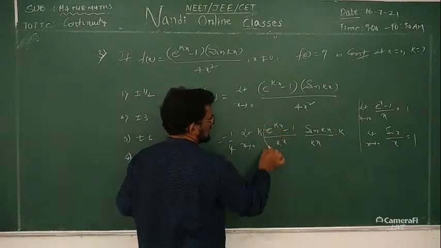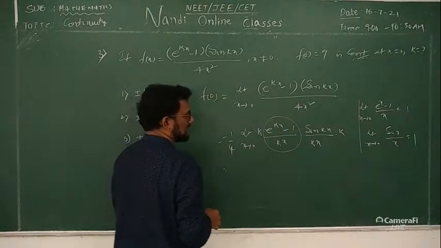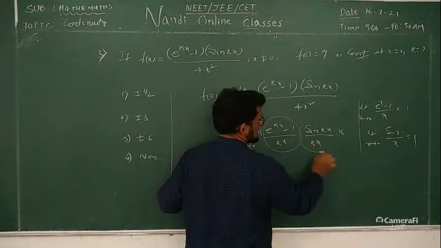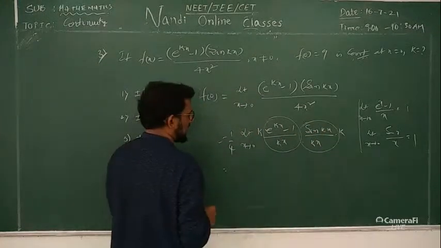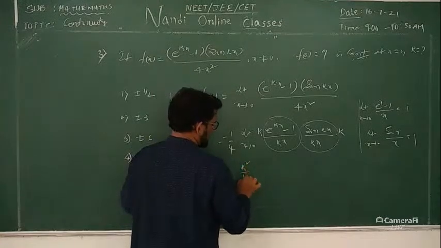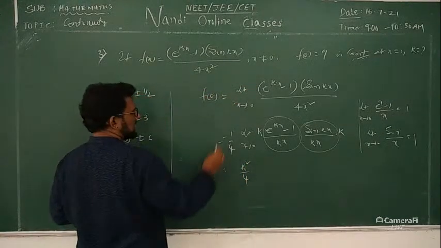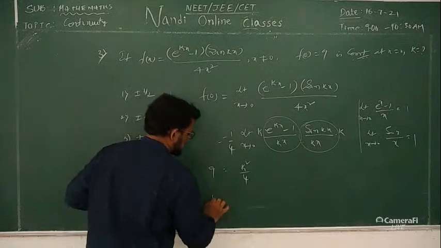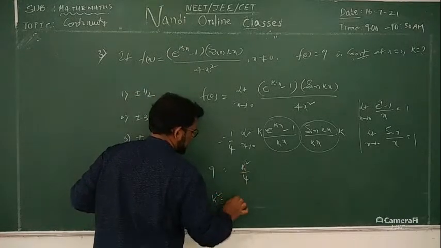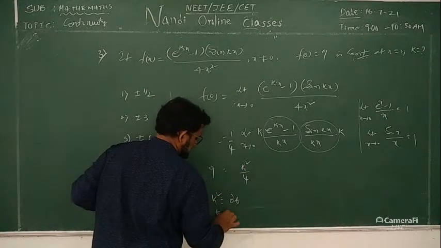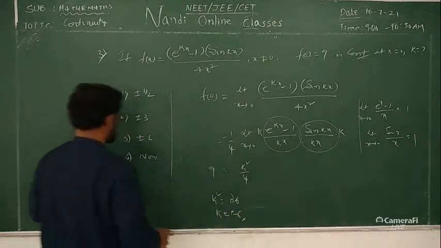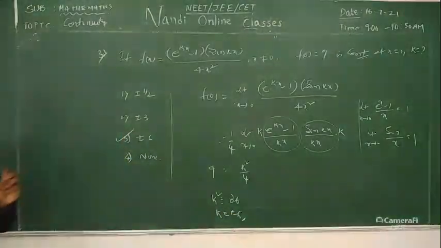Now we have this value is 1 and this value also 1, so we have k square by 4. This f of 0 already it is given is 9. Therefore, k square is equal to 36. K is equal to plus or minus 6. Third option is the correct answer.